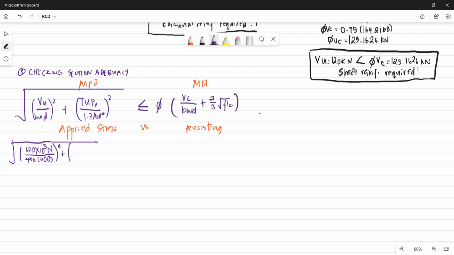Your TU is 40, so 40 times 10 raised to 6 Newton mm. Yan. 1.7 divided by 1.7. Yung AOH pala natin, we do not yet have your AOH. So, kunin natin yung AOH natin.